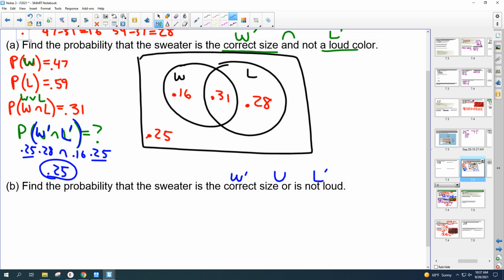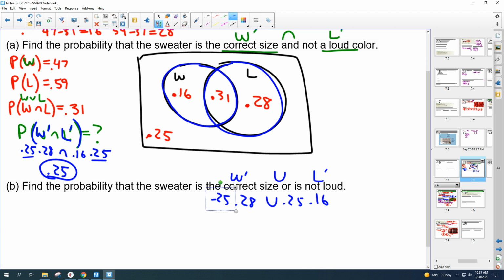Again, I don't think I have the right information for the union rule. I could maybe figure out the right information for the union rule, but I think it's much easier to just use my diagram. Not wrong. Look at what's not inside the W circle. Not wrong. That's 0.25 and 0.28. We're going to union that with not inside the L circle, which is 0.25 and 0.16.